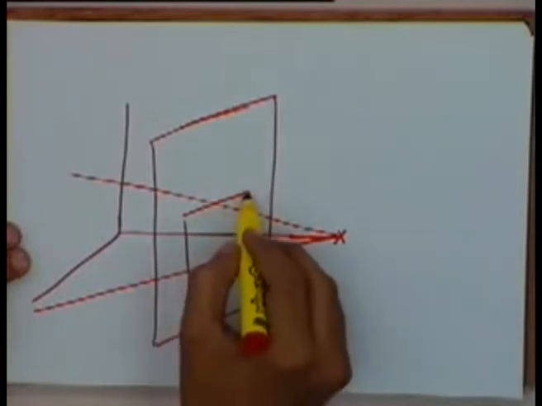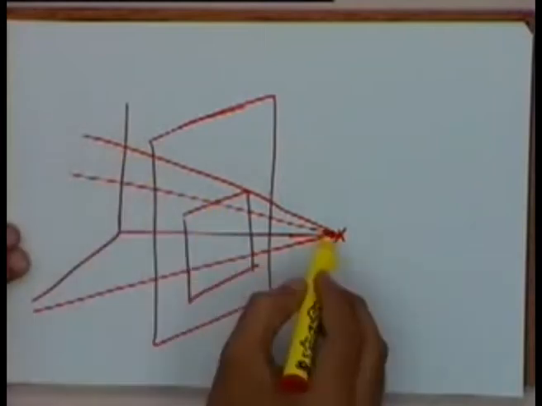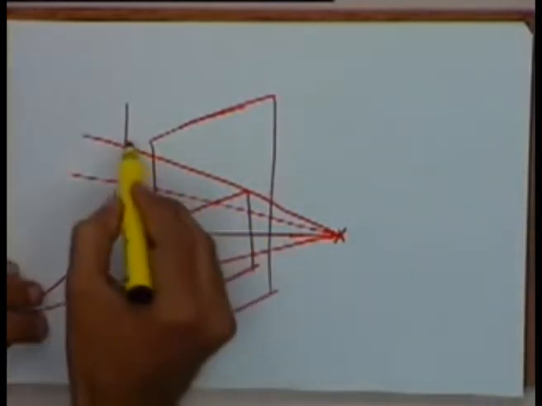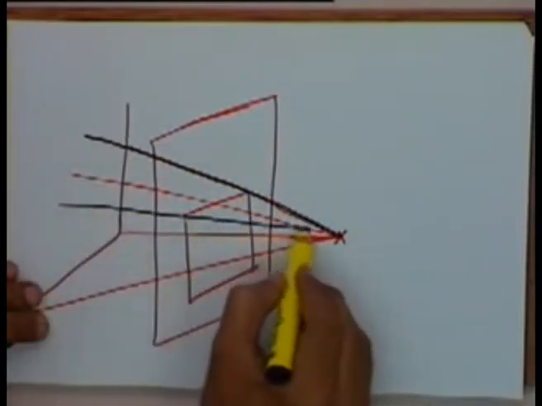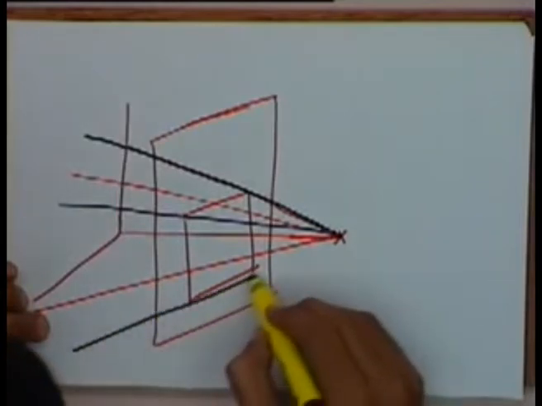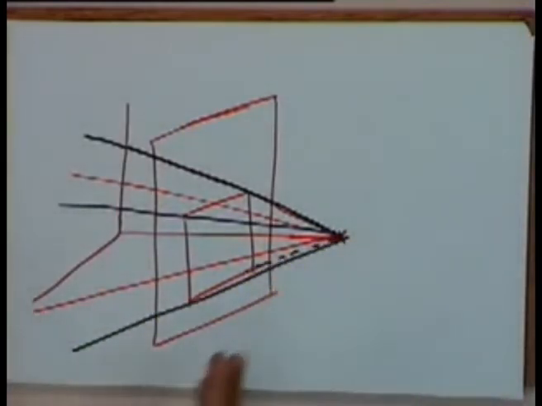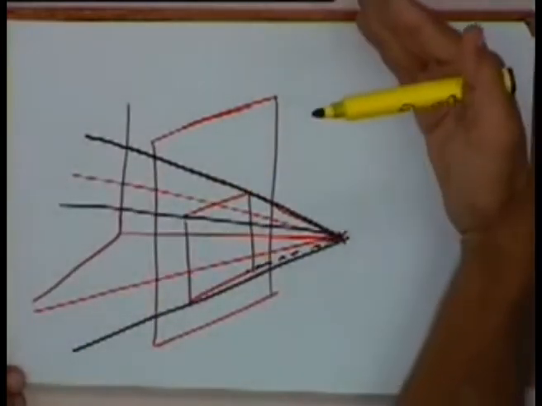Which means that if we take rays starting from here, these are rays like this, if you look at this pyramidal structure, only whatever is inside this pyramid will be visible, whatever is outside this pyramid will not be visible.